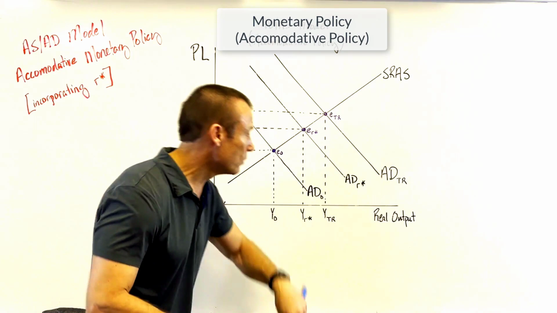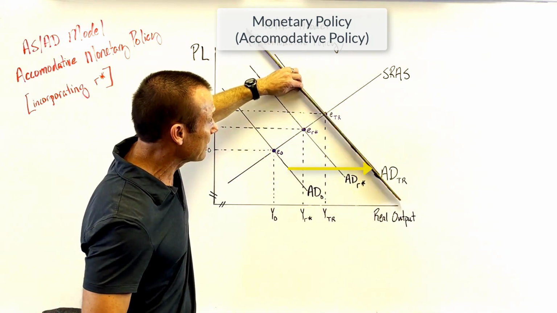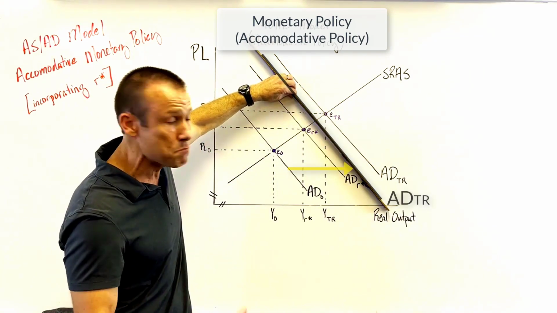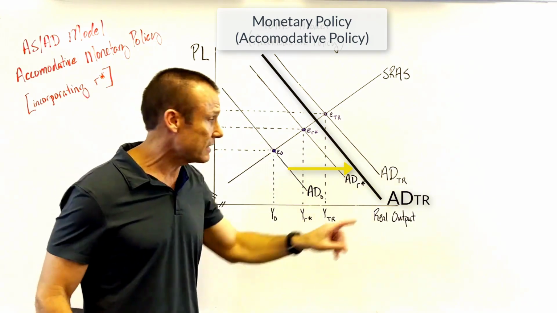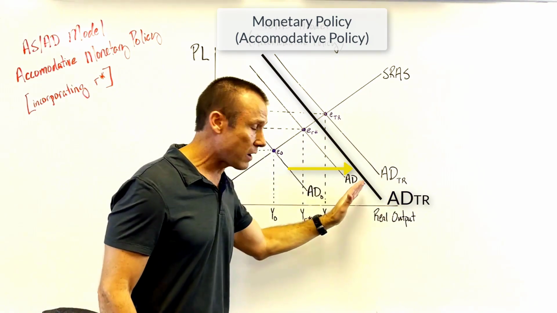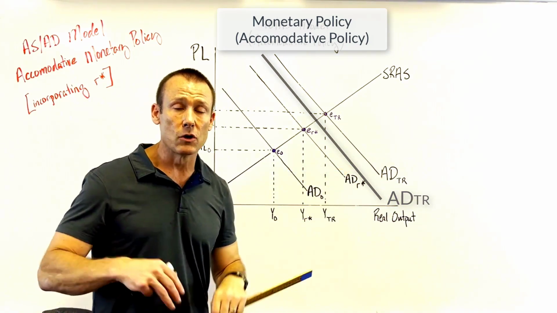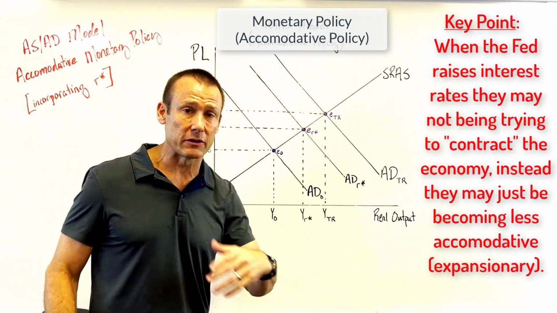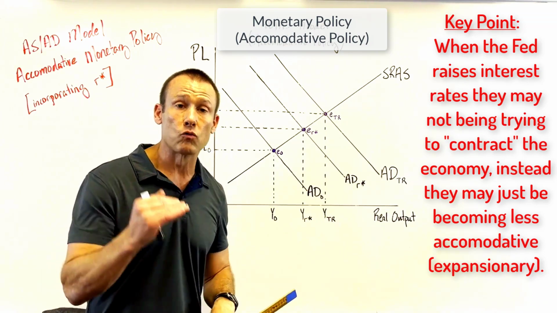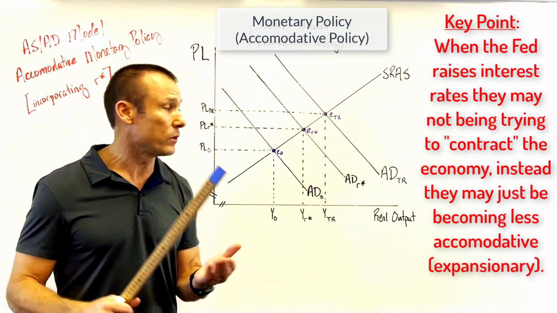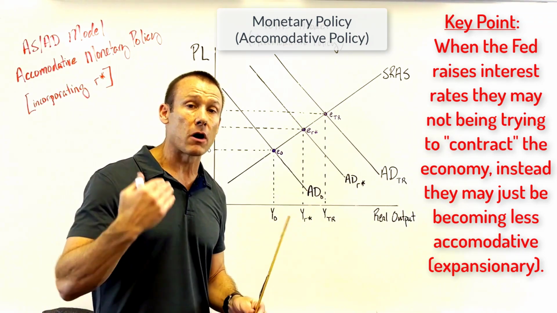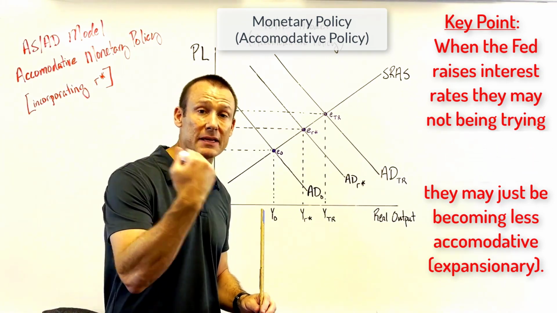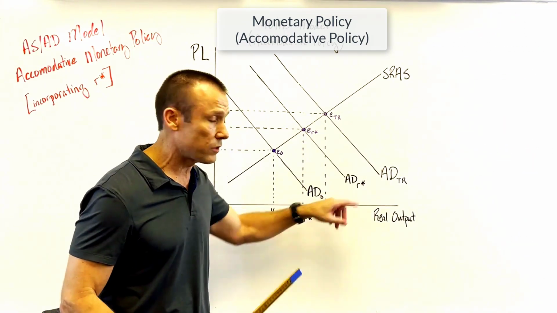What we could do is just see AD as not shifting out by as much, okay? You would still see ADTR to the right of R star. So again, we could have the Fed become less accommodative, less expansionary, right? Less stimulative by raising their targeted rate. However, we could still communicate that they are being accommodative in total, right? That they're still below the R star.